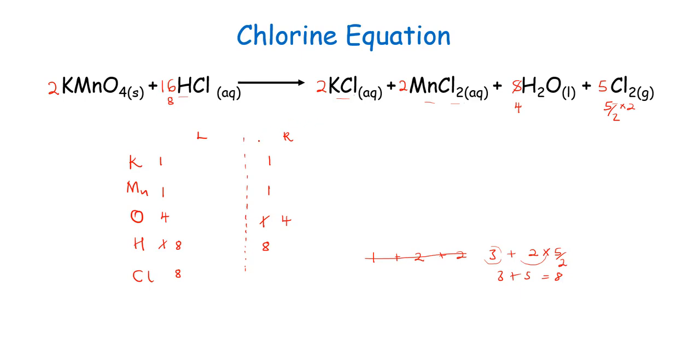We can recheck if we have the time, but let's do it very fast. Potassium, we have 2 atoms. On the right hand side, potassium, we have 2 atoms. Manganese, we have 2 atoms. On the right hand side, we also have 2 atoms. Oxygen, we have 2 times 4, which is 8.